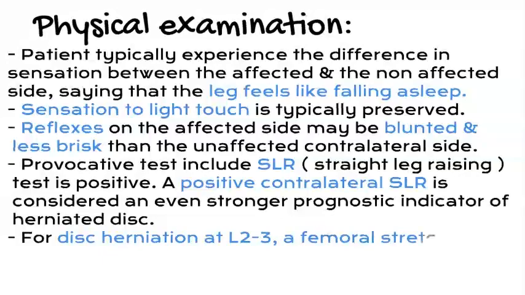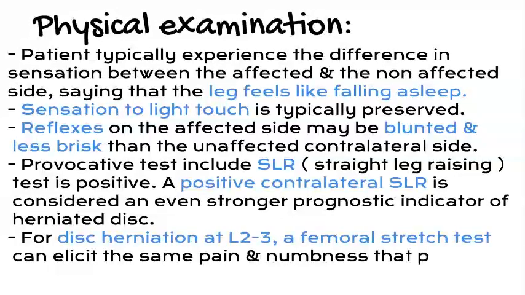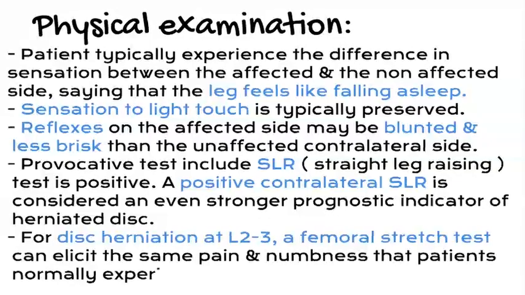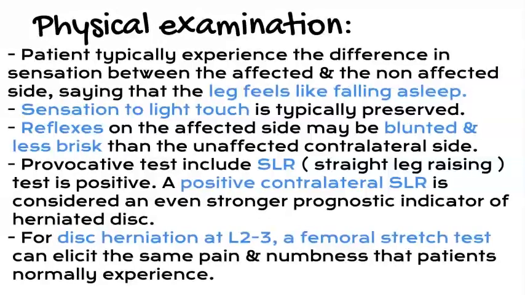For herniation at L2 to L3, a femoral stretch test can elicit the same pain and numbness that patients normally experience. In the first video, I already discussed the straight leg raising test and the positive contralateral SLR.